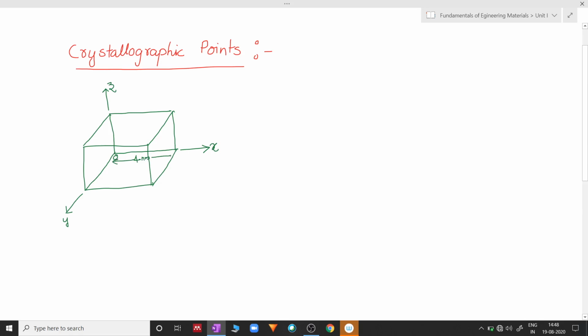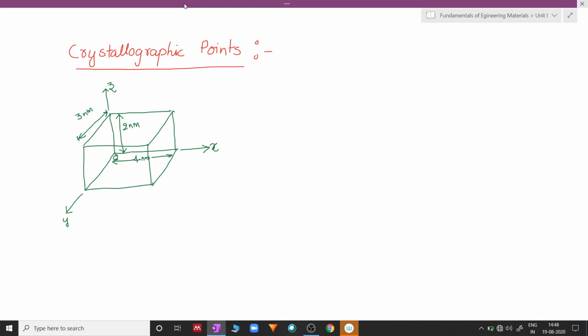In y direction, let us say 3 nanometers. And in this z direction, around 2 nanometers.